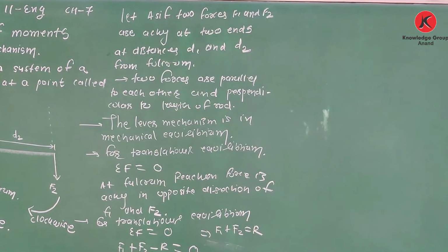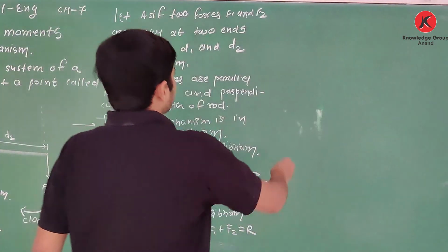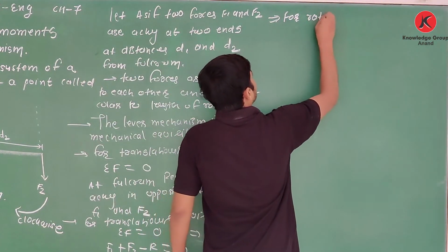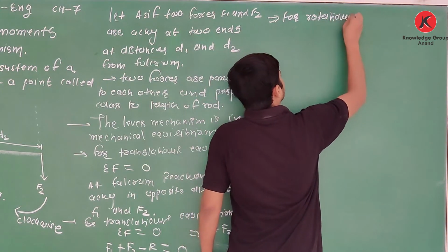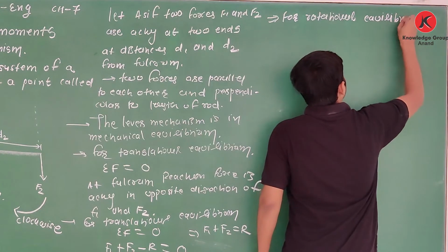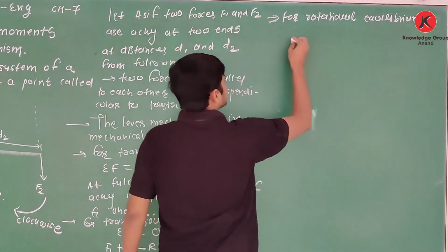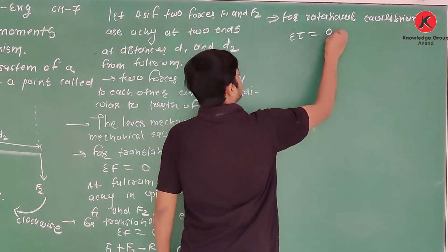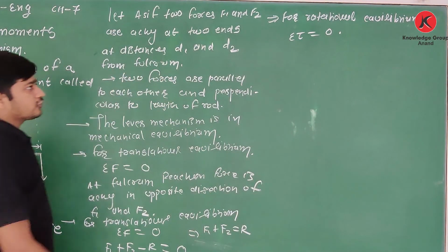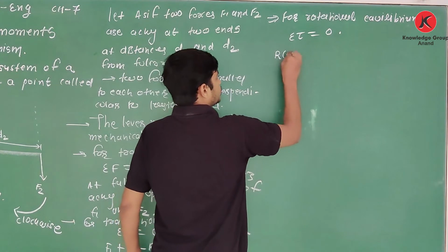See, now for rotational equilibrium, sigma tau is equal to 0. Due to this R, there is no torque, so R into 0. Why?